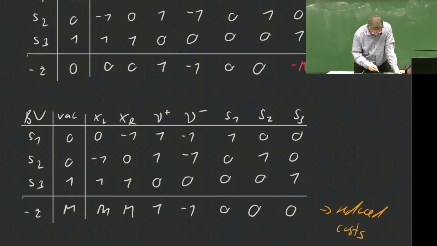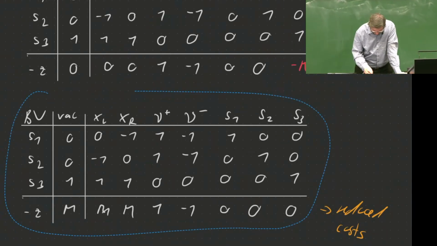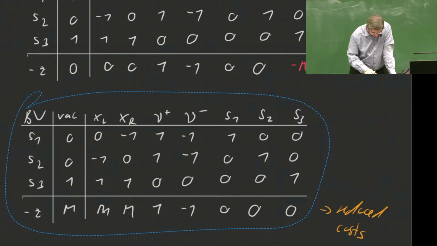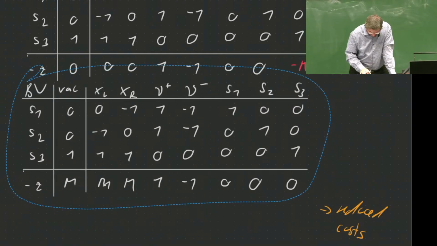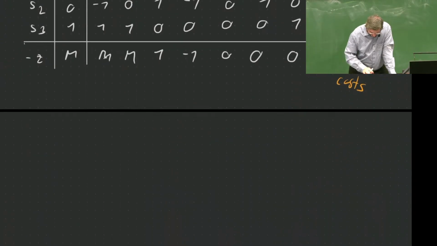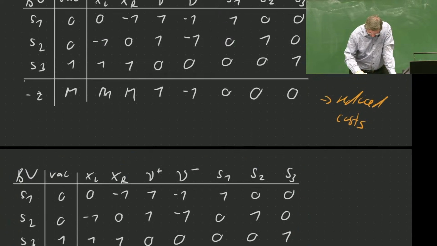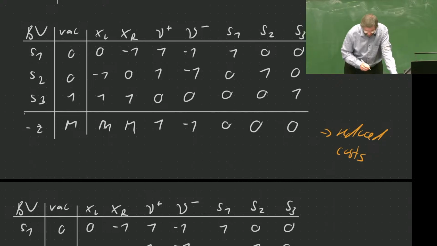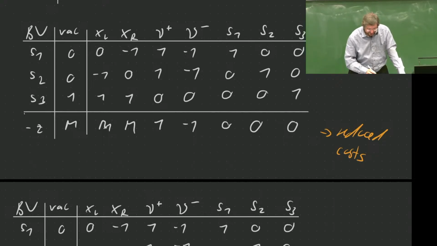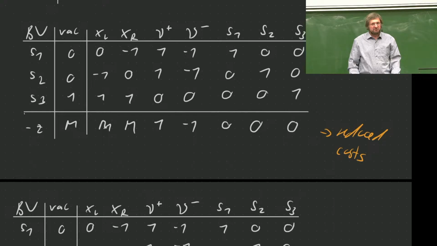Have I copied this? Just to be sure, let me copy this again before I draw into it. Let me just make a quick copy for the next step. So we need to choose a variable that has a positive reduced cost entry. It doesn't really matter which we choose.